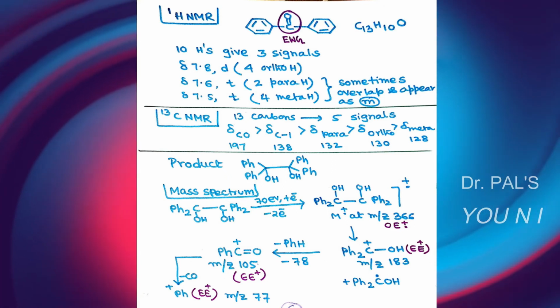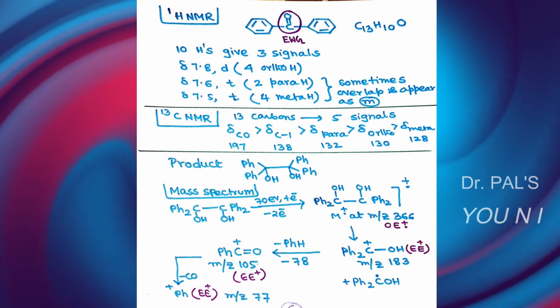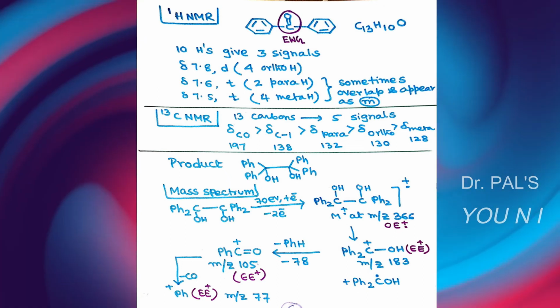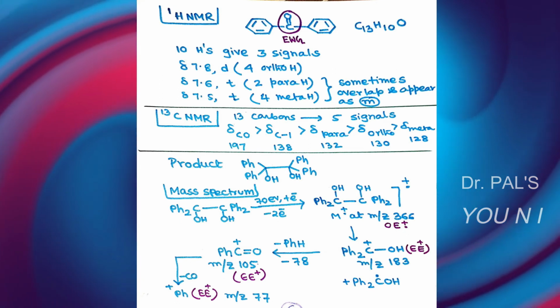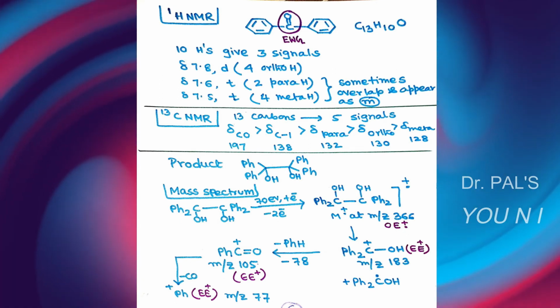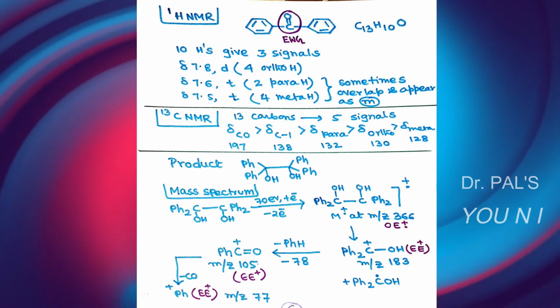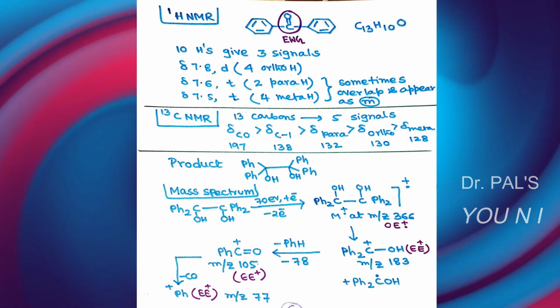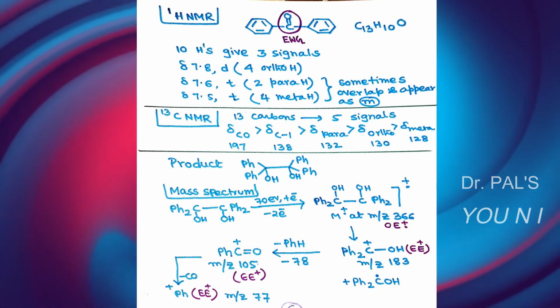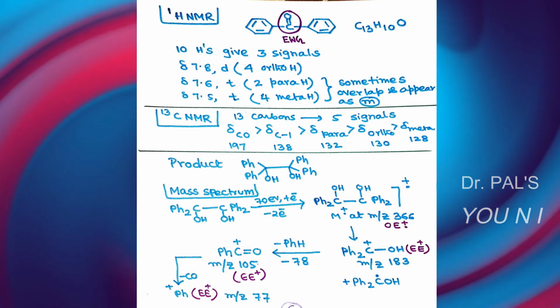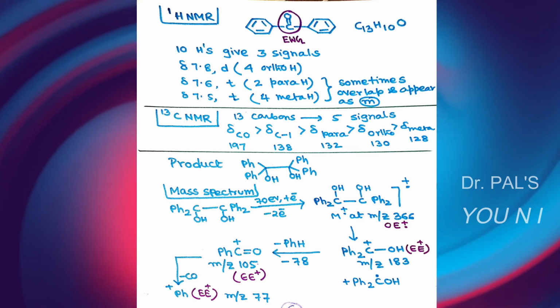Now coming to the product benzopinacol, if we record the mass spectrum of this compound, the molecular ion peak will appear at m/z 366. Since it is a symmetrical molecule, if that sigma bond undergoes cleavage, we will get 366 divided by 2, that is m/z 183.